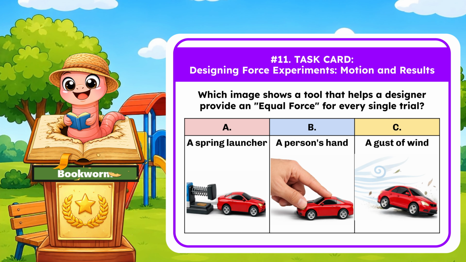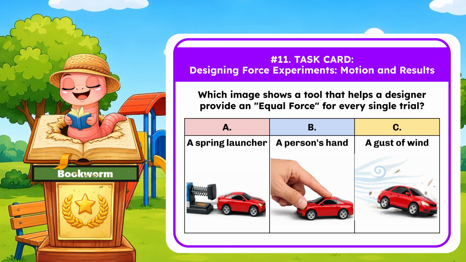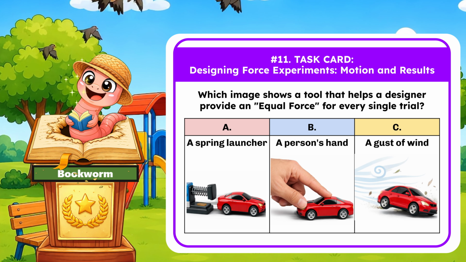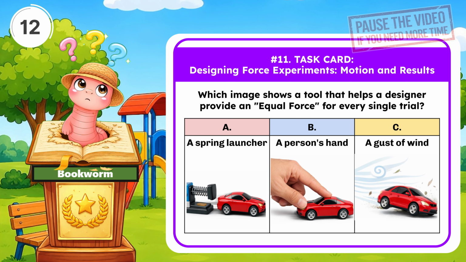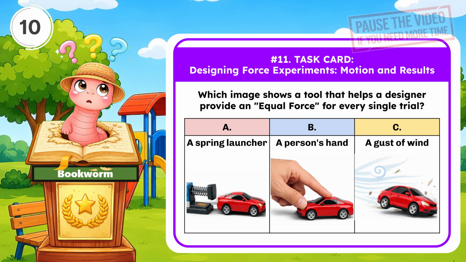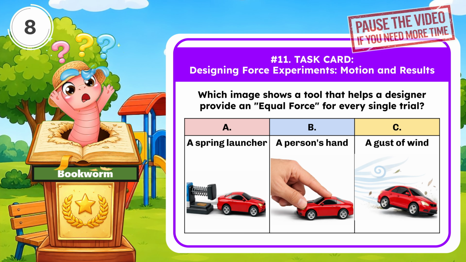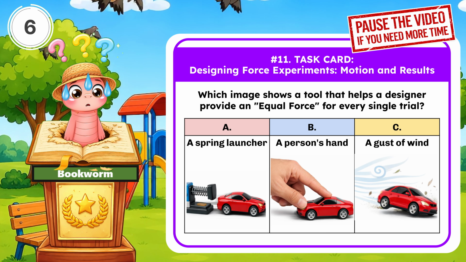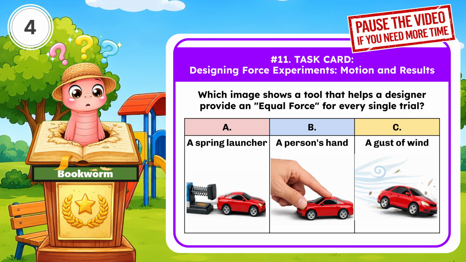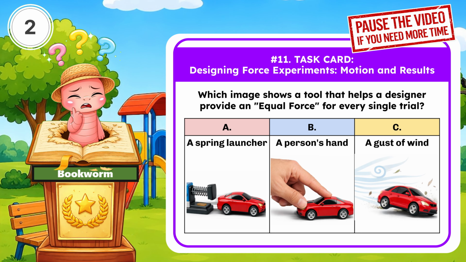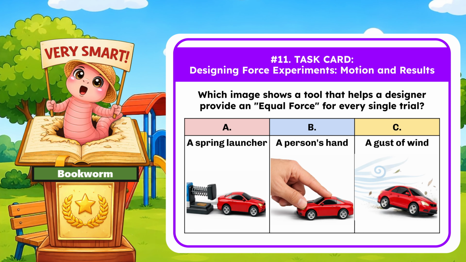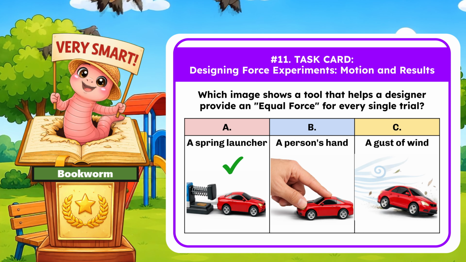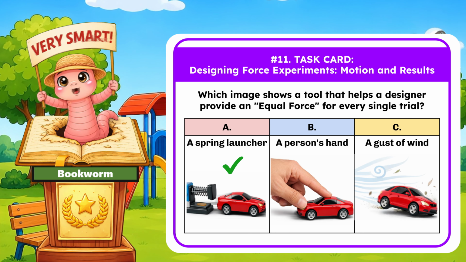Which image shows a tool that helps a designer provide an equal force for every single trial? And the correct answer is letter A. A spring launcher.